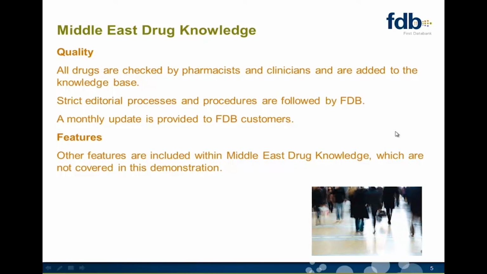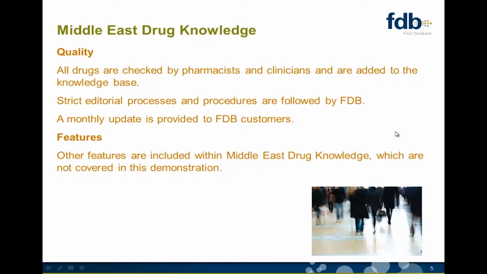All new registered drugs are automatically added to Middle East Drug Knowledge. This involves a team of trained staff, specifically a clinical researcher and a pharmacist who check the clinical information independently about the drug itself. 10 operational steps are then followed to ensure the quality of the data.